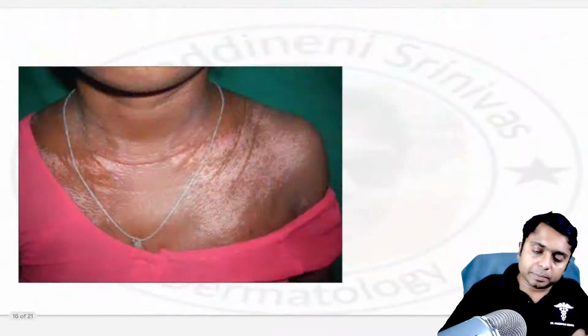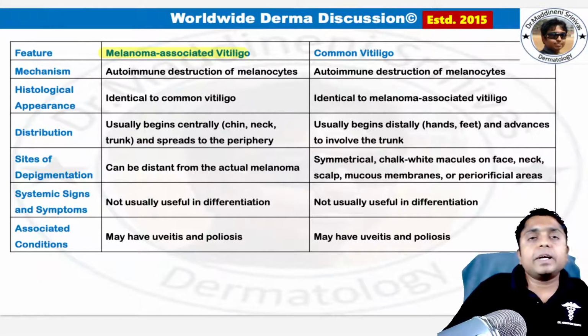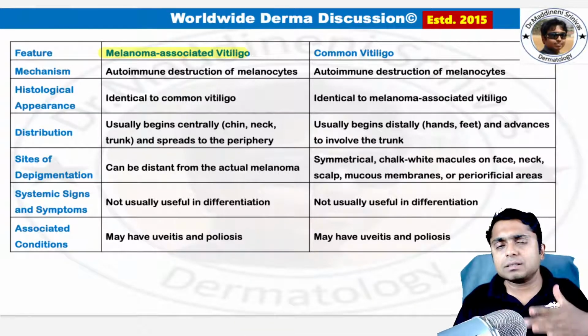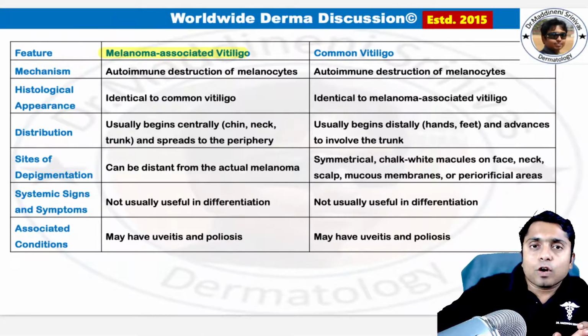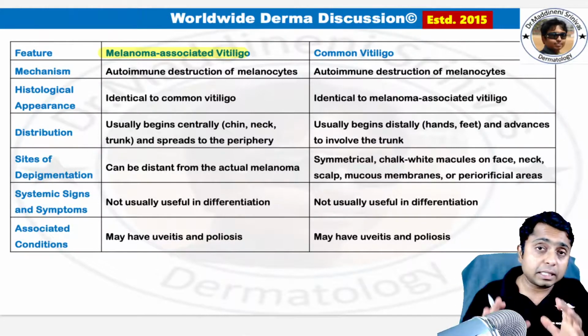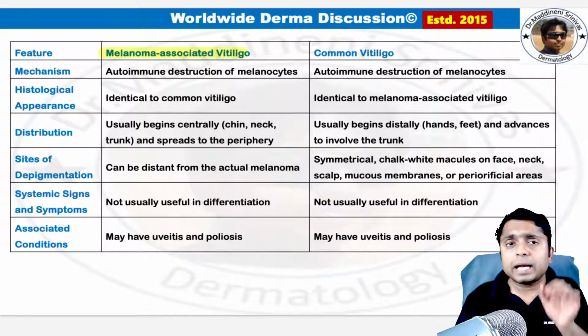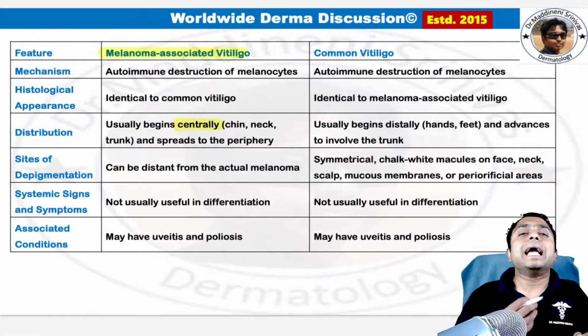Okay, right. So now coming to melanoma associated vitiligo and common vitiligo. Please remember, most of the features are similar in these two conditions except for the progression of the cutaneous manifestation. So that is how you can differentiate between these two conditions. In melanoma associated vitiligo, please remember the distribution is going to be initially at the center.